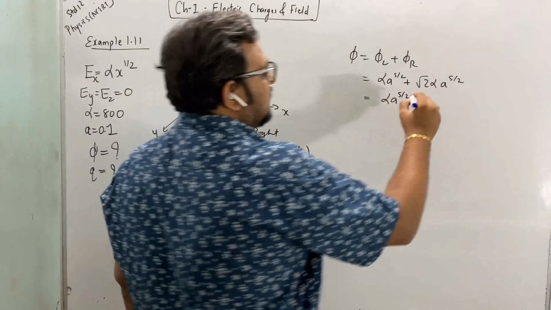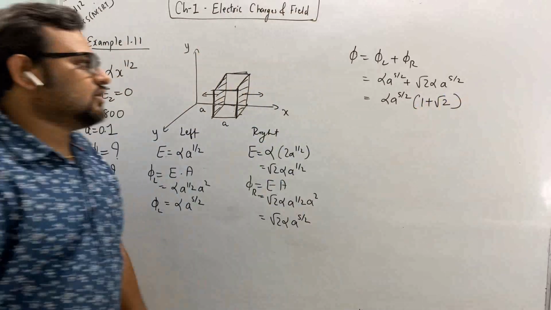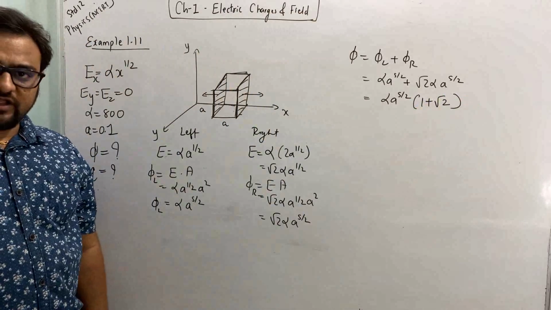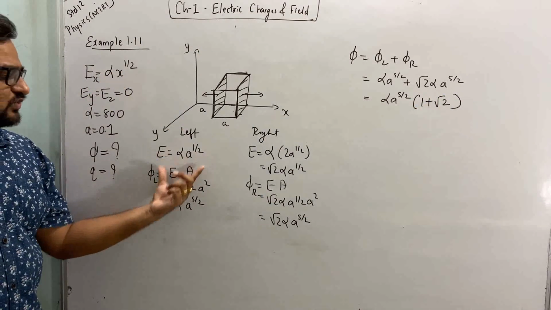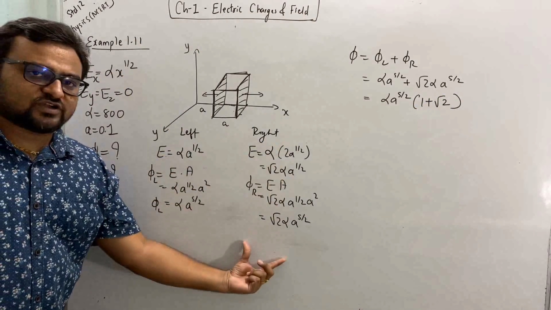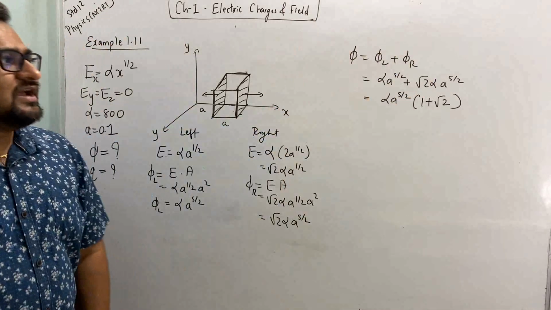It will be 1 plus root 2. Clear? See, the electric field is alpha x raised to 1 by 2. So putting this value, I got flux on the left, flux on the right. I had just added flux on the left plus flux on the right.